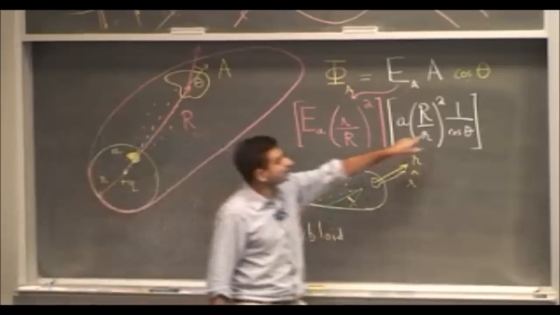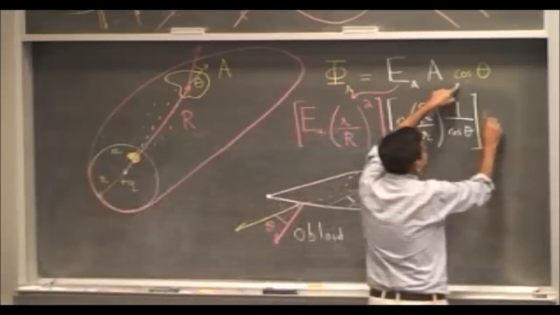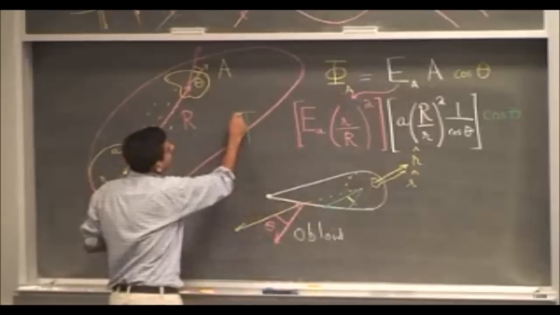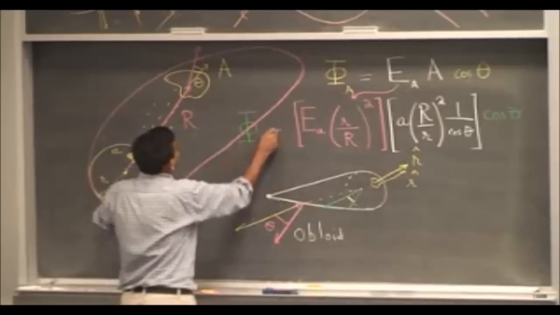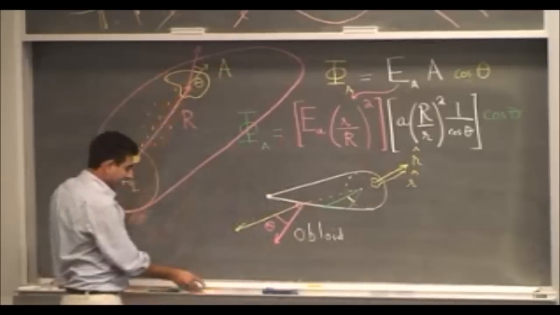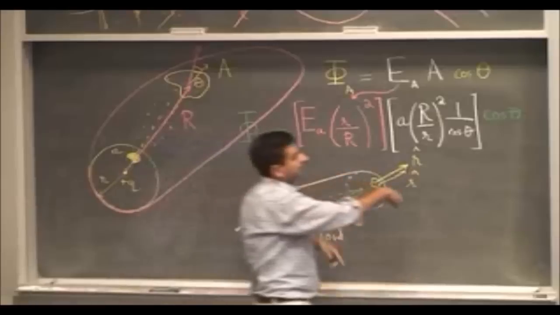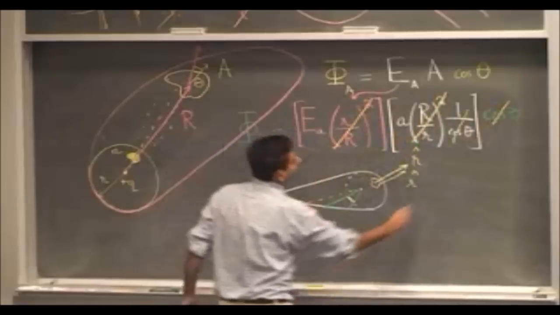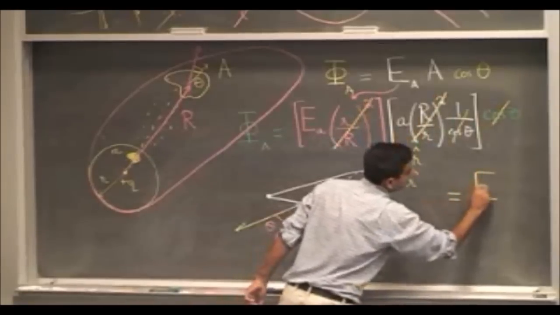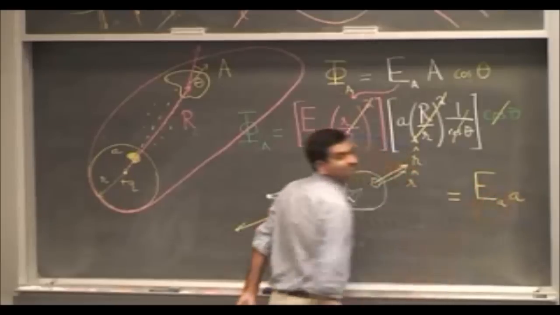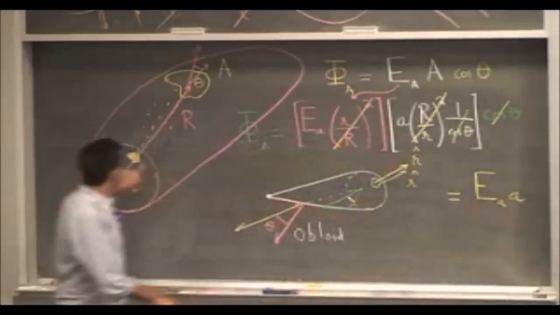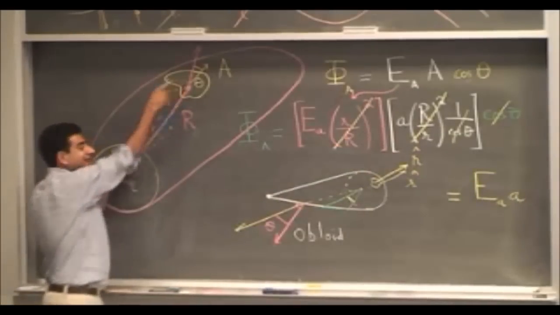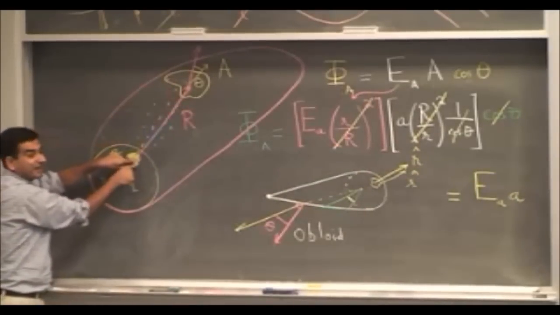So there is a 1 over cosine theta factor here, and this cosine theta factor comes here. So this is the flux at capital A at this point in this patch. And if I work out the algebra, this cosine theta goes away, and I'm left with EA into small a. And this is just the flux through this patch. So the flux through this patch is going to be the same as the flux through this patch.